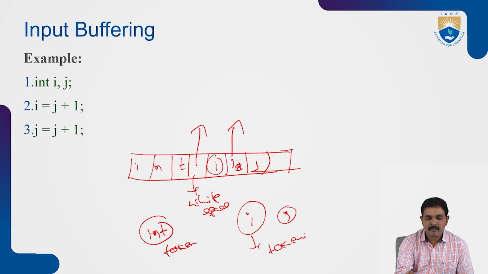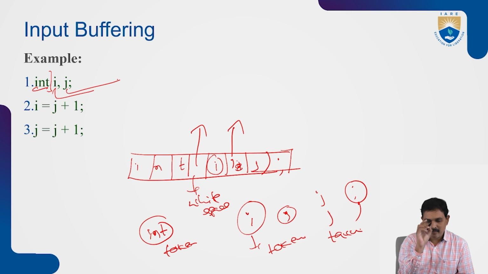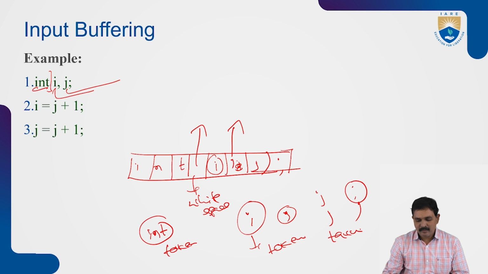After J, a semicolon is there, which is also a separator, so J is also another token. Like that, int is one token, after the white space I is another token, and after the comma J is another token. So this is the basic idea for recognizing individual tokens.